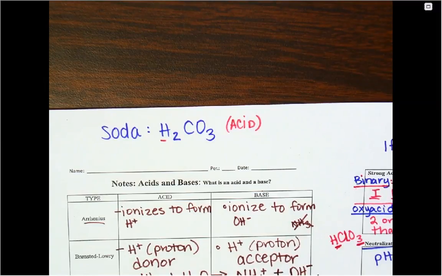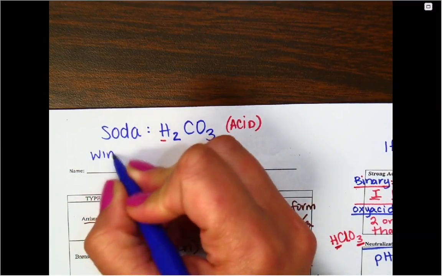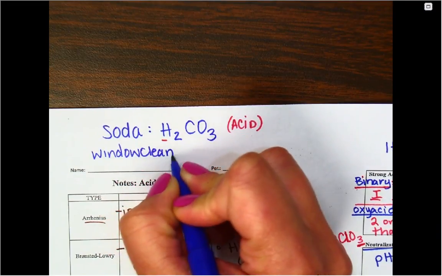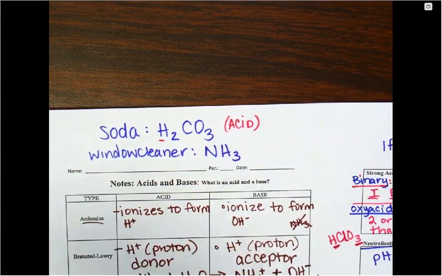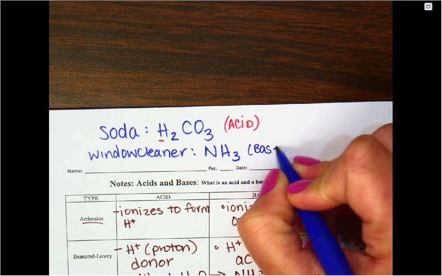All right. And window cleaner contains NH3. So is that an acid or a base? Window cleaner contains ammonia. Base. Yep. Okay, and that's all you guys need.